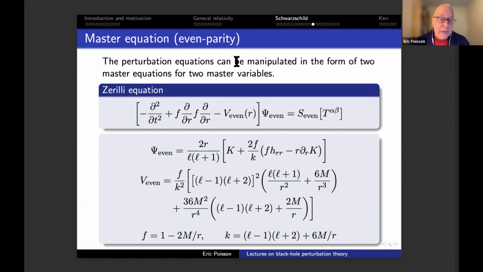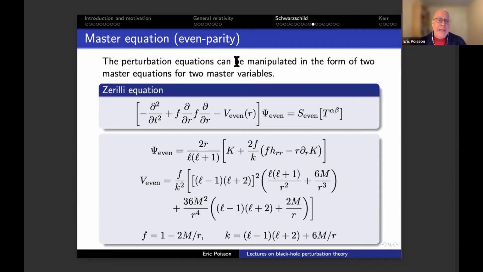There are all sorts of results that have been obtained in the past to make the task even simpler in the end. The main goal, as I said, would be to calculate gravitational waves that are emitted by a moving body around a Schwarzschild spacetime.